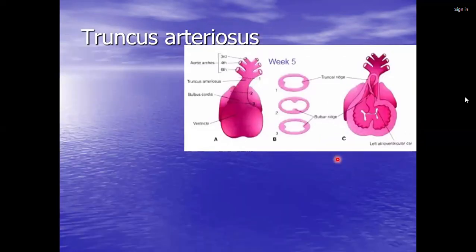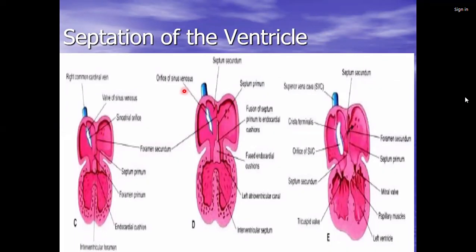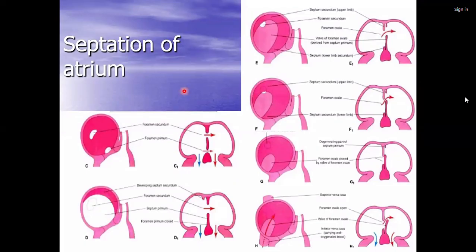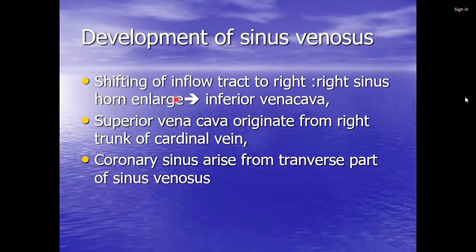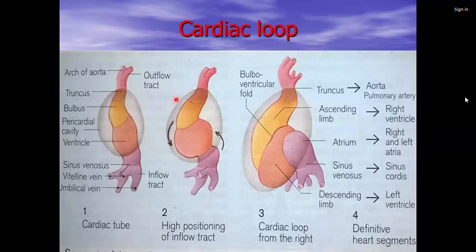What about the atria? If we go back to the atria, we had noted that the atrium was very close to the sinus venosus. So part of the sinus venosus is going to be incorporated into the atria. Most of the smooth part of the right atrium was incorporated from the sinus venosus.